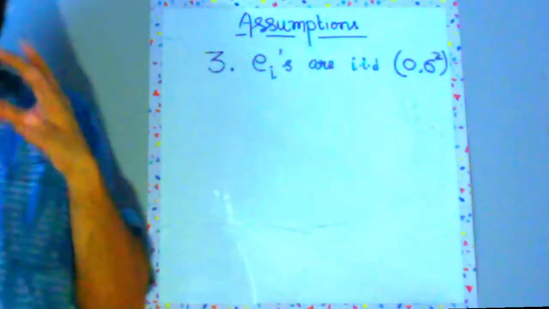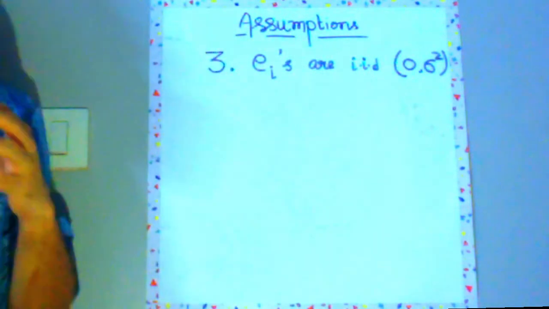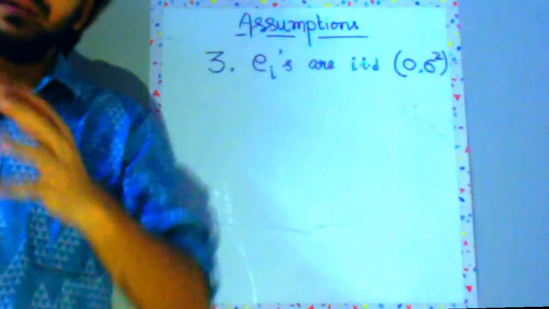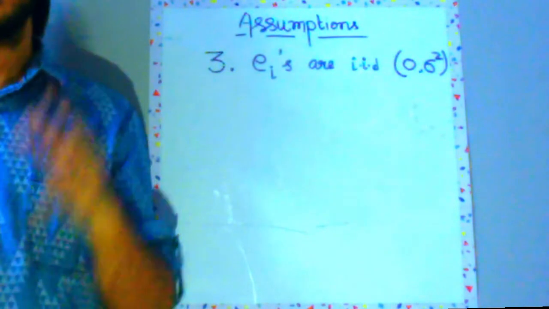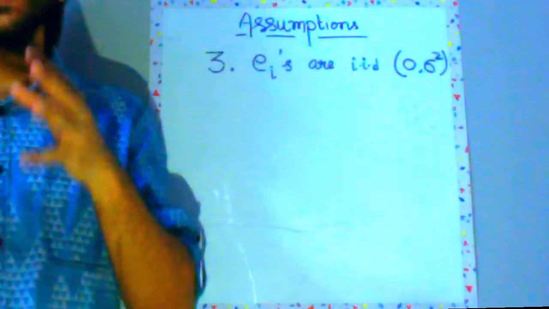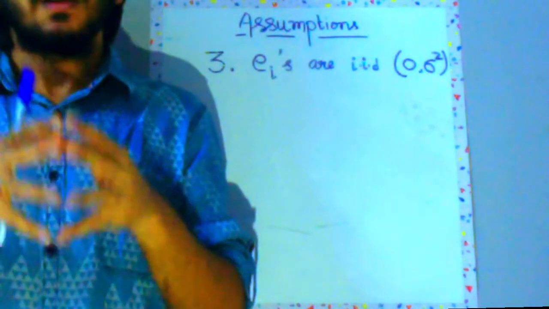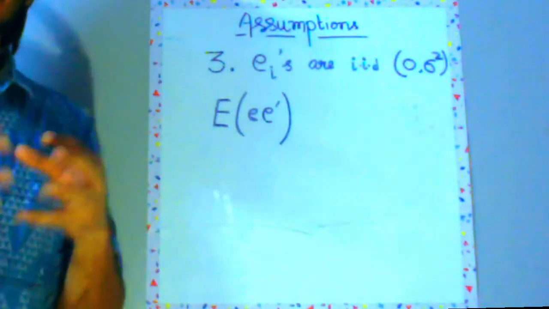So how do you calculate the variance for that? Essentially, we do not call it variance, we call it the variance covariance matrix. And as we know from the previous assumption that the expectation of e is 0, we can simply write the variance covariance matrix for e as the expectation of e e transpose.